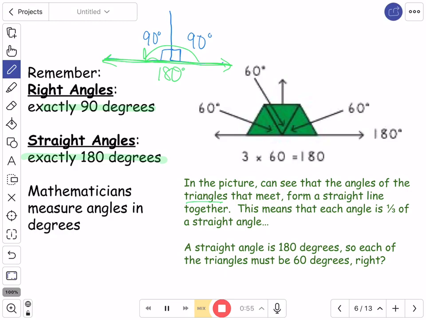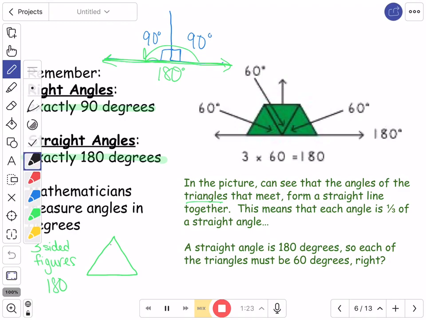So mathematicians measure angles in degrees. I know this is kind of blurry, but in the picture, you can see the angles of the triangles. If we had our pattern blocks, which we don't have, that's okay, but here's a picture of pattern blocks. If you were to take 3 of the triangle pattern blocks and put them together, now we know that in an equilateral triangle, which means that all the sides are the same length and all the angles are the same, for all 3-sided figures, so all triangles, their angles add up to 180, okay?